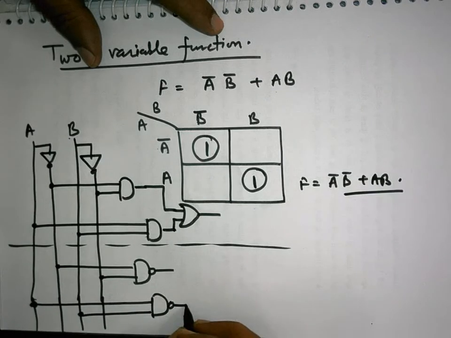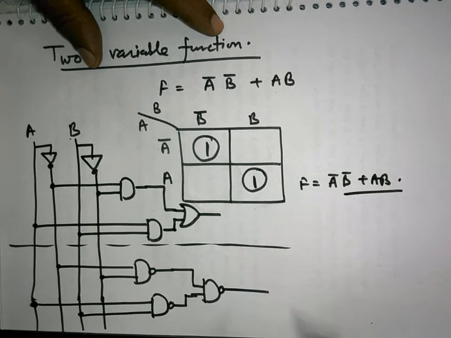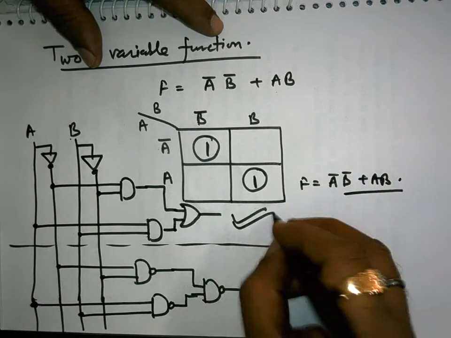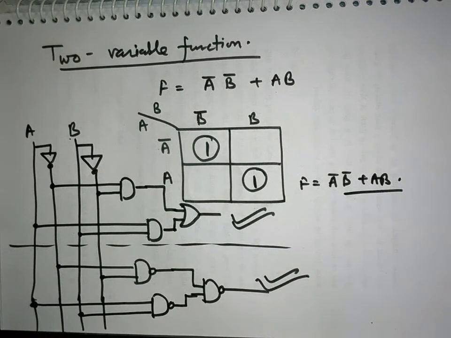Replace this AND gate with NAND gate, and OR gate also is replaced by NAND gate. These two circuits, they are equivalent. They will provide the same output on the application of same input. So after this point we will design all the circuits using NAND gates or NOR gate.